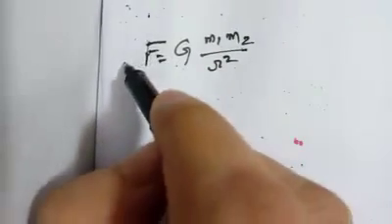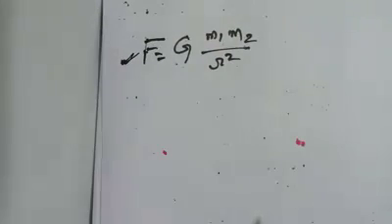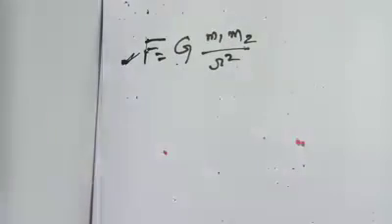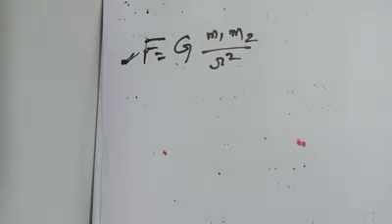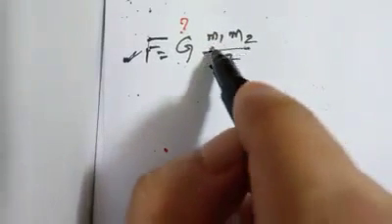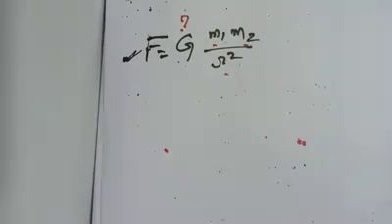Now we know this part, right? Force we have calculated. It is 2 into 10 to the power 20 newtons. G is our basic idea. We are striving to calculate G, that is the universal gravitational constant, so I put a question mark. This is known, this is known, this is known. A simple calculation would lead to this.